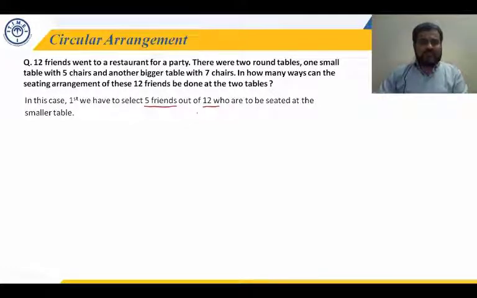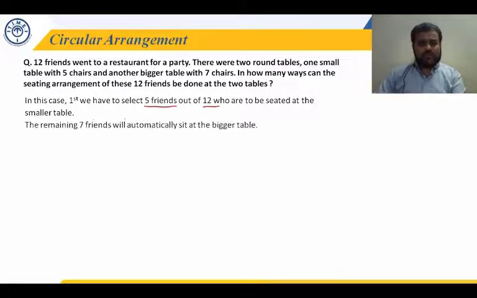Or once you select 7 friends for the bigger table, the remaining 5 will automatically sit at the smaller table. So you can do the selection of either 5 friends or 7 friends, any one of them. So suppose we select 5 friends out of 12 friends who are to be seated at the smaller table. So the remaining 7 friends will automatically sit at the bigger table, right? For them we don't have to do another selection.